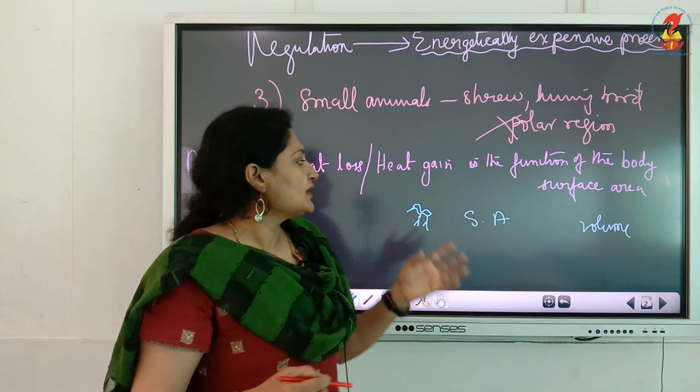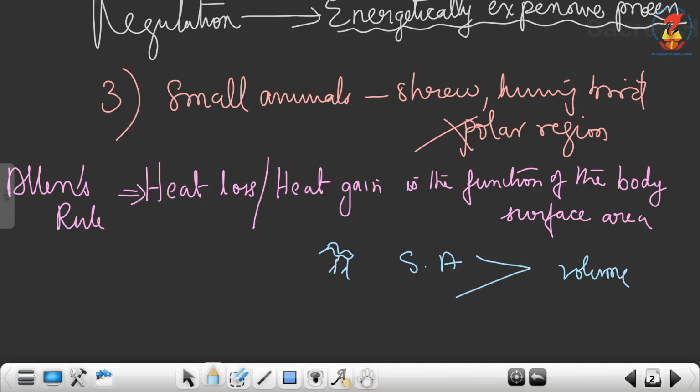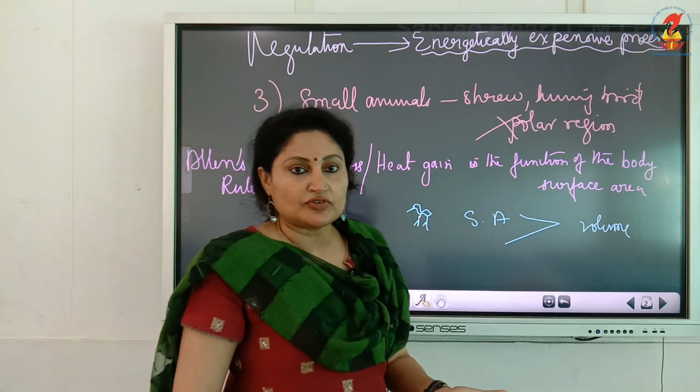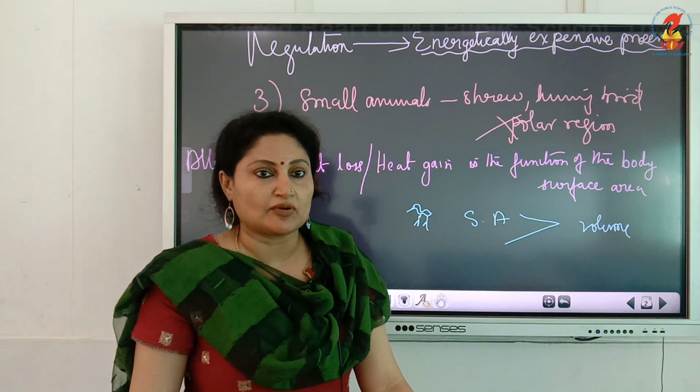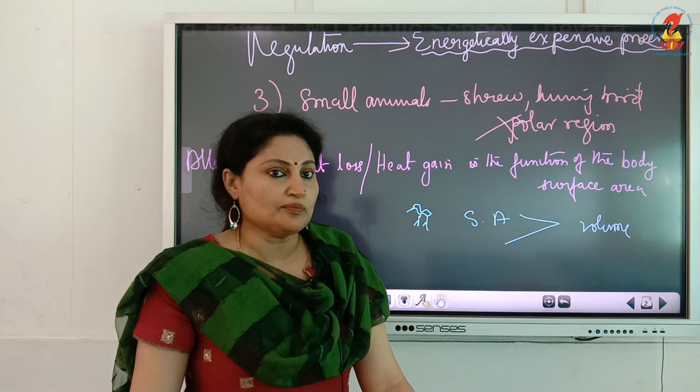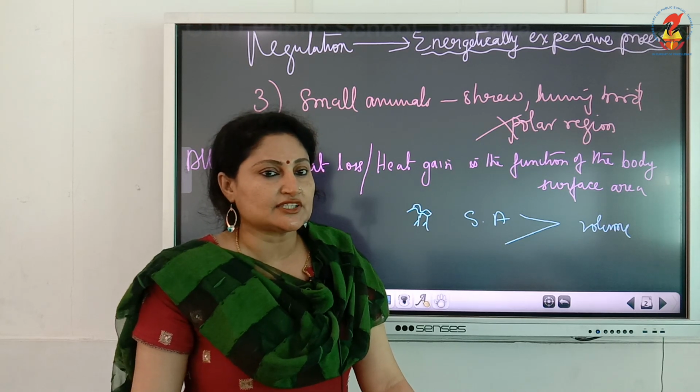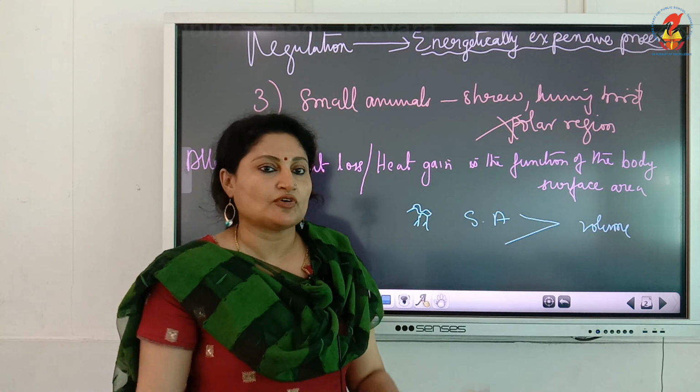Which will be more, the surface area or the volume? The surface area will be more than its volume. Therefore, it tends to lose a lot of heat. And in order to maintain the heat, it has to undergo a lot of metabolism to generate heat. So it is an energetically expensive process, and therefore it is not found in the polar region.